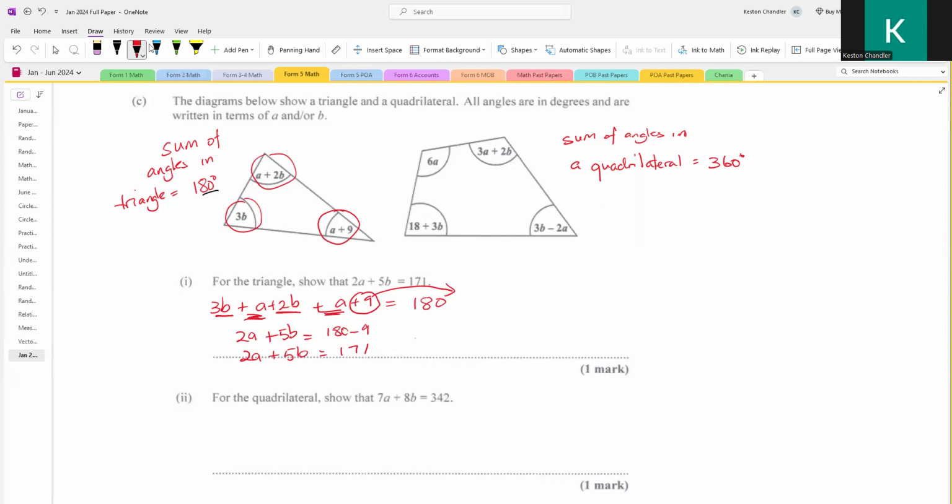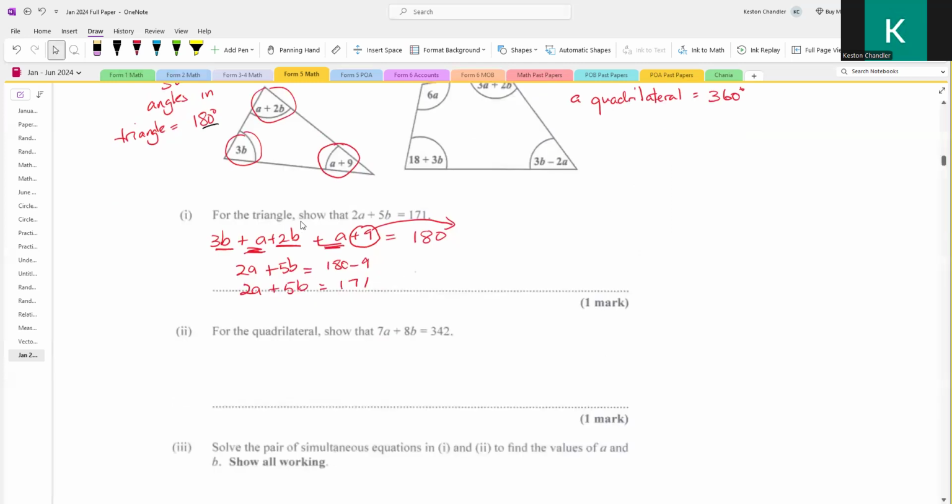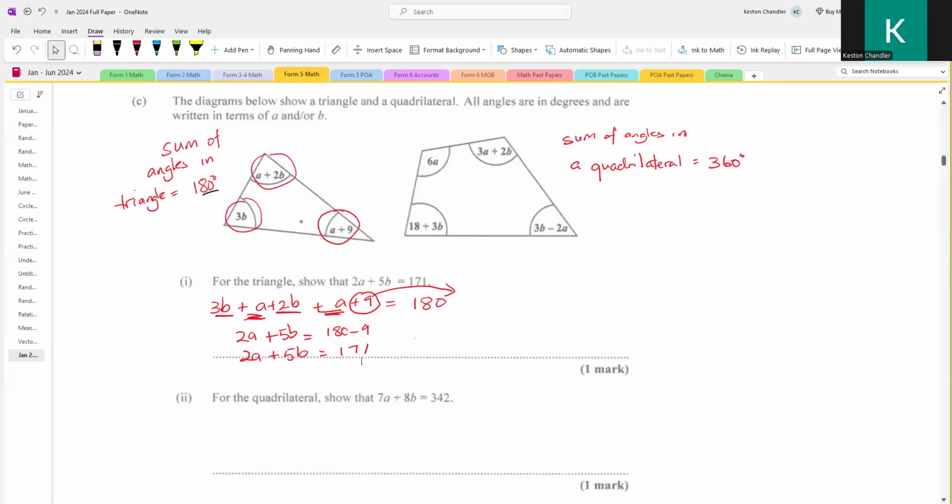Same thing happening for the other question. We're using the property of a quadrilateral. The sum of angles in a quadrilateral is 360. So this angle plus this angle plus this angle plus this angle, 4 angles in all. If I add each one of them up, it's going to be equal to 360, right? Definitely.